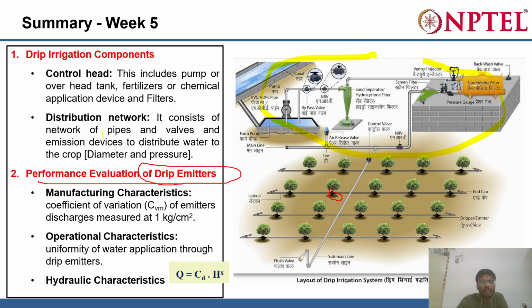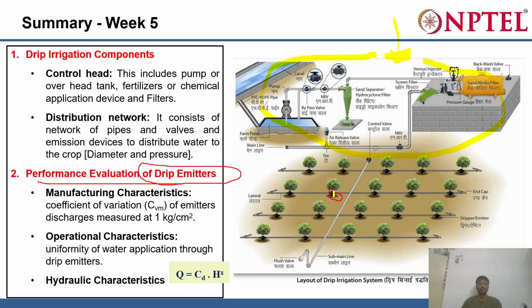After defining everything in this drip irrigation system briefly, we focused on performance evaluation of the drip emitters, because ensuring uniform water movement is mandatory to get the desired output from the entire field and increase benefits over whatever cost we have put in. For that purpose, it is very crucial.